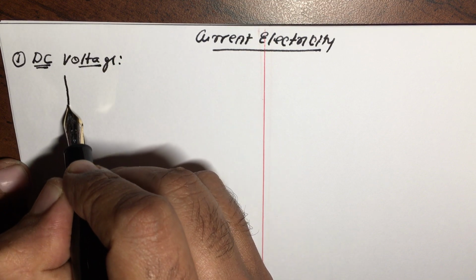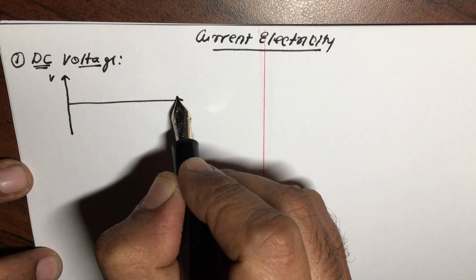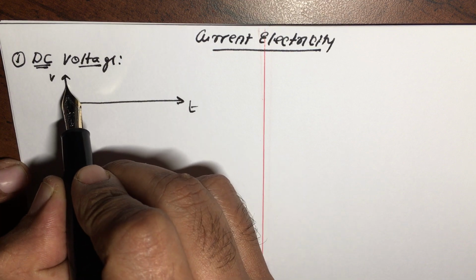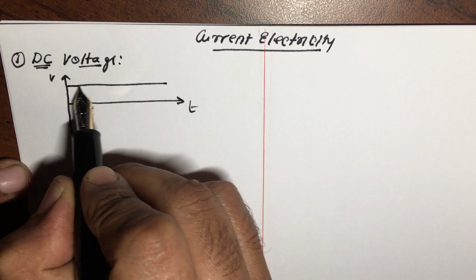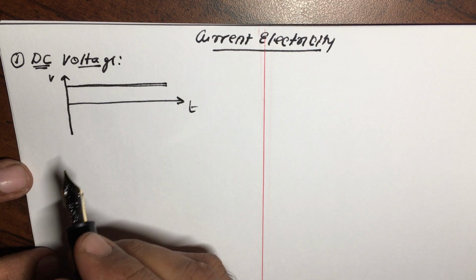If along the y-axis you have voltage and along the x-axis you're plotting time, if you plot pure DC voltage, you will get a straight line. What does that mean? That the DC voltage remains constant over time.